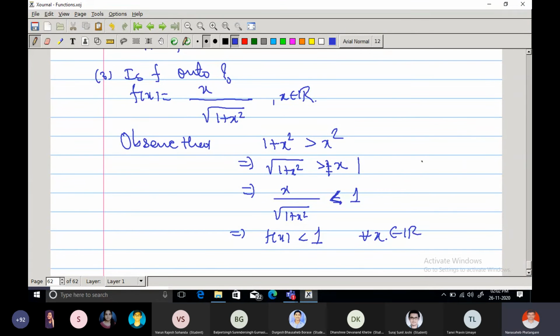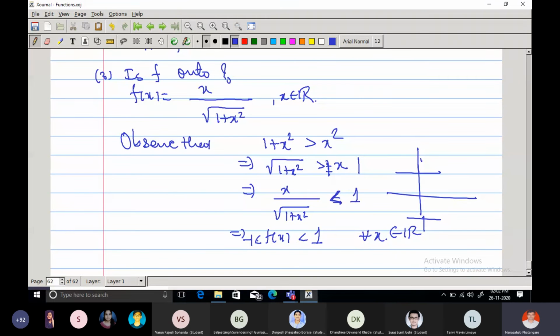And moreover, it is strictly greater than -1, because if you see the square root absolute value, then you can check that if x is negative, it is greater or equal to minus 1. So, okay, in any way, the value of the function is strictly less than 1.